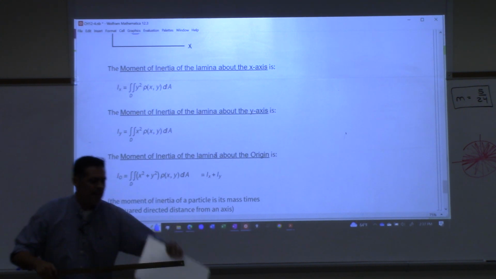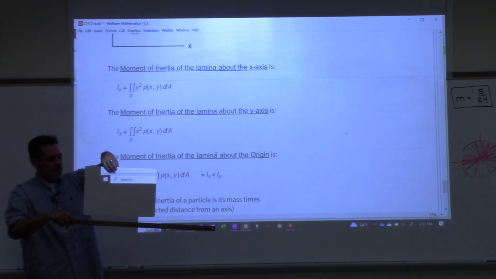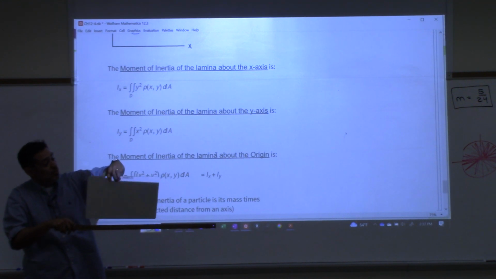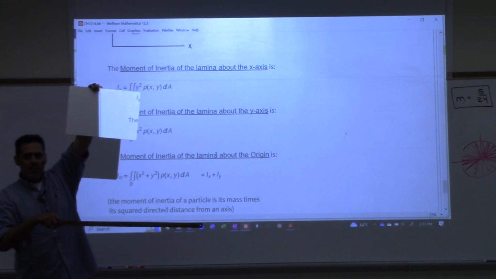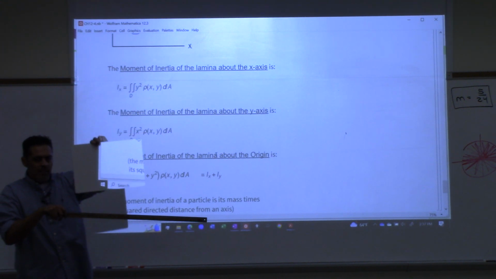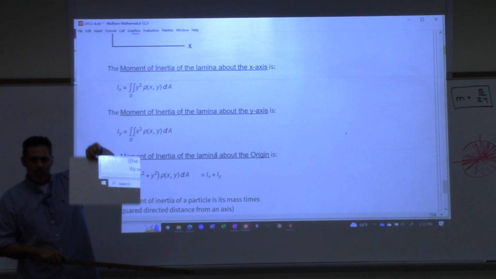If I take this lamina and put it right here and calculate the moment of inertia, it'll calculate a number that tells me how hard it is to rotate this around here. If I move that lamina up here, what do you think happens to my moment of inertia? Gets bigger or smaller? Bigger, right? The closer I am to the axis of rotation, the smaller the moment of inertia is. The further away, the harder it is.